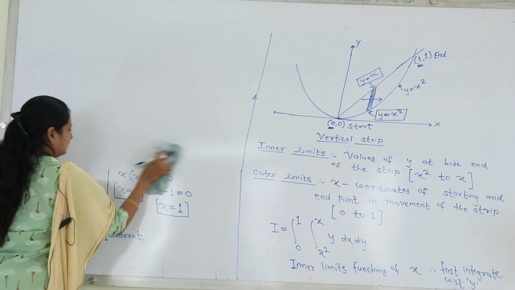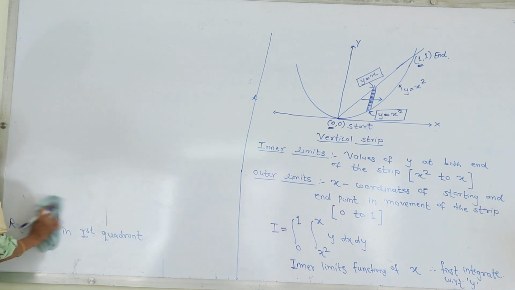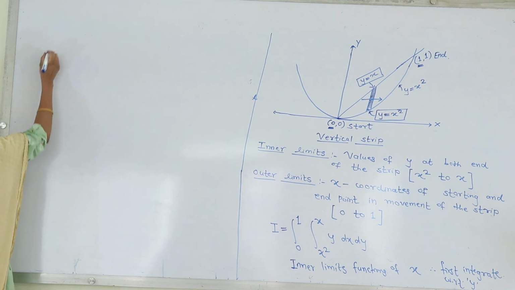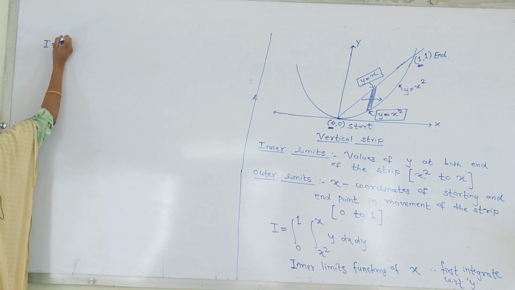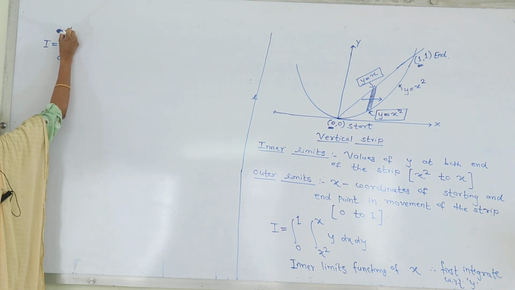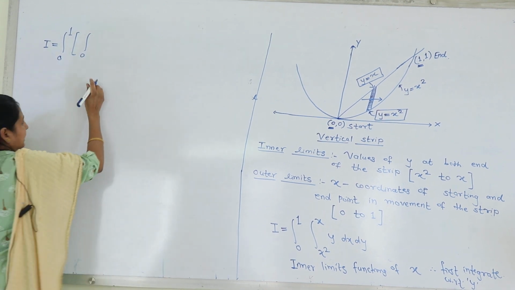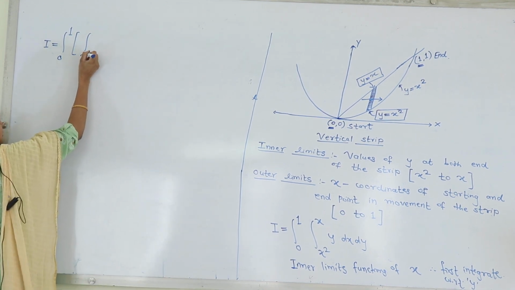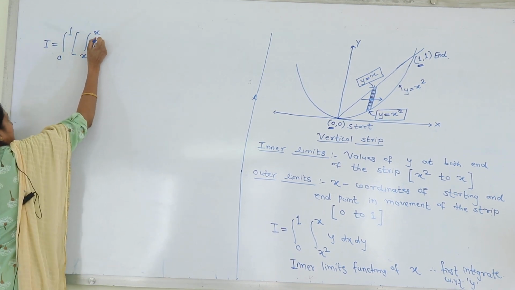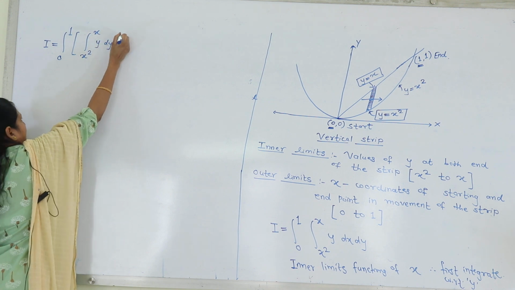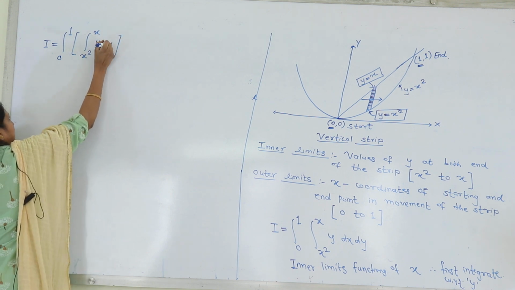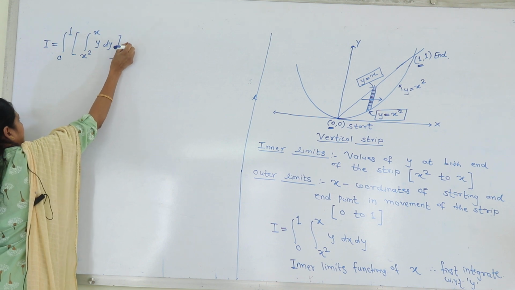First integrate with respect to y only, then the integration is 0 to 1. First we have to integrate from x square to x the integral of y dy, dy first, then outside dx.